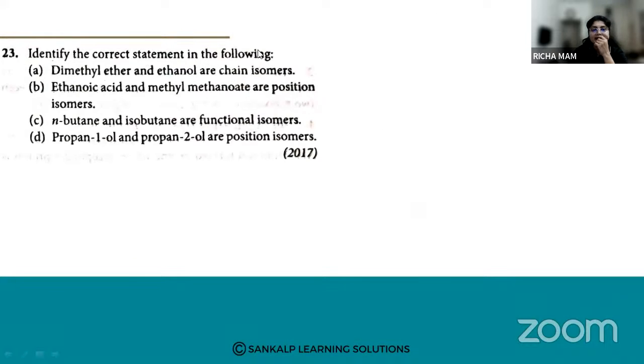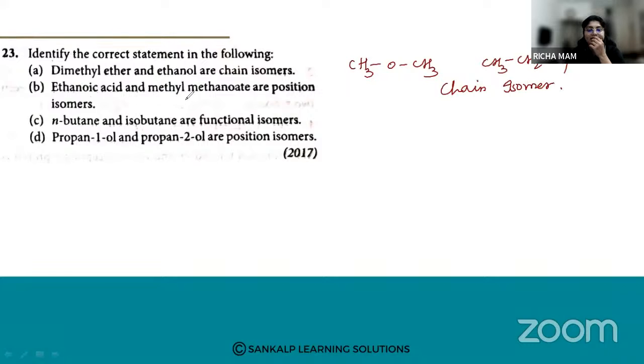Identify the correct statement in the following. A. Dimethyl ether and ethanol are chain isomers. Which is correct, they have asked.